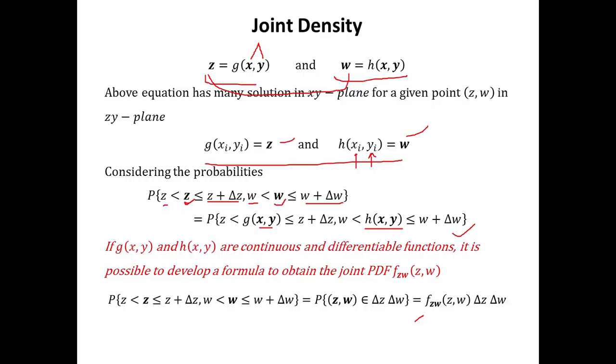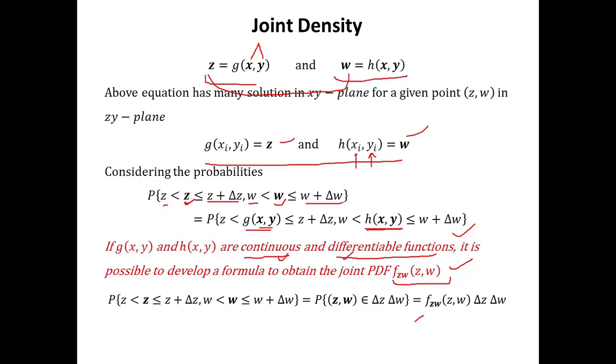Now we can easily determine the joint distribution f_ZW provided these two functions g(x,y) and h(x,y) are continuous functions as well as differentiable functions, meaning their differentiation exists. So if these two constraints are satisfied by these two functions, then we can easily determine the joint distribution of z and w.